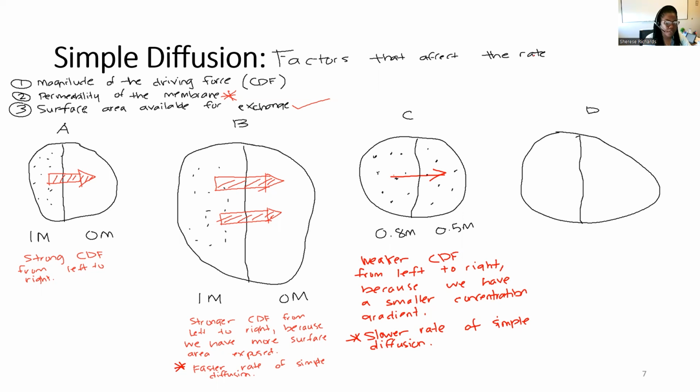And then in the fourth scenario, I just want to illustrate what the end goal of transport is. So that concept that we talked about, which was diffusional equilibrium, let's illustrate that as well. So let's say we had, okay, for some reason I can't change my colors here.